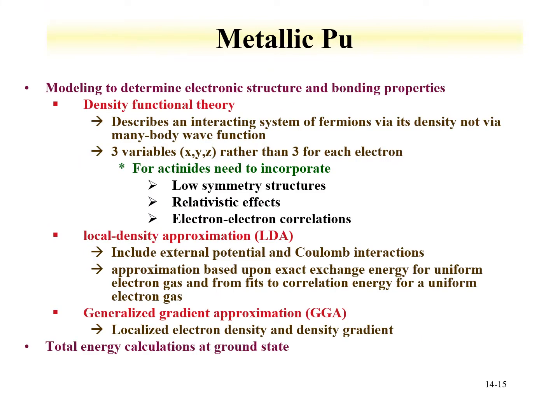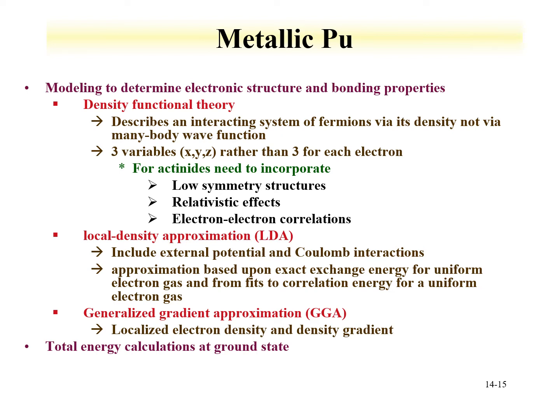Some of the methods for understanding and modeling plutonium metal are briefly described here. Density functional theory has been used. For the actinides, one needs to include low symmetry structures, relativistic effects, and electron-electron correlations. Local density approximations have also been used, and these include some potentials and Coulomb interactions.